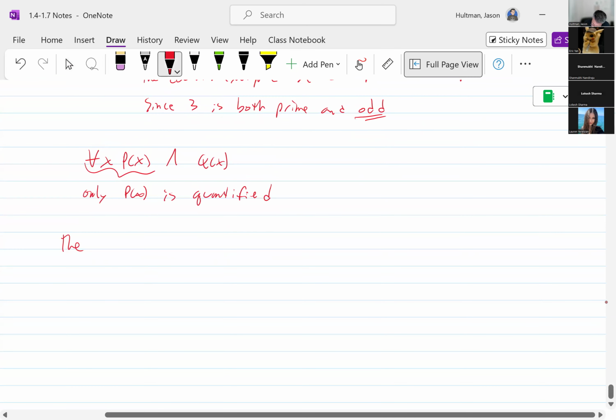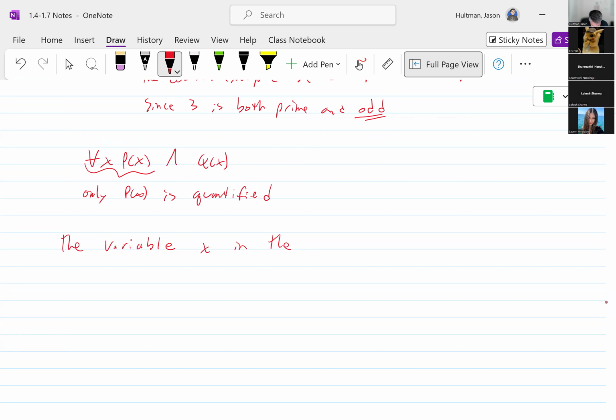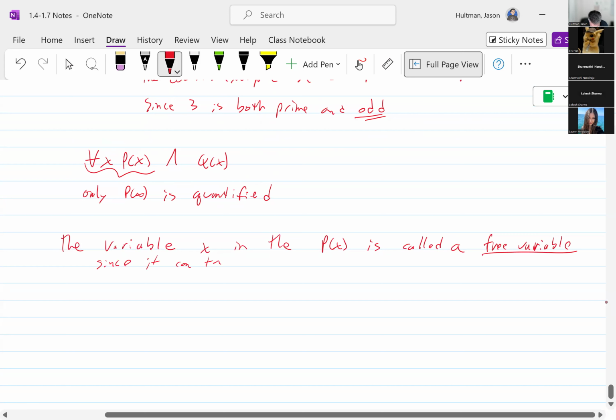The variable x in the q of x is called a free variable, since it can take on any value in the domain.